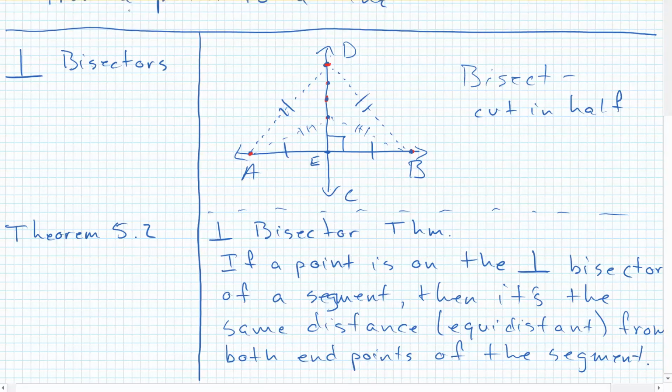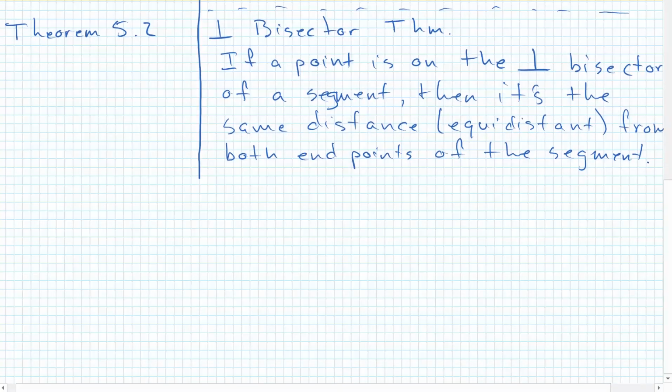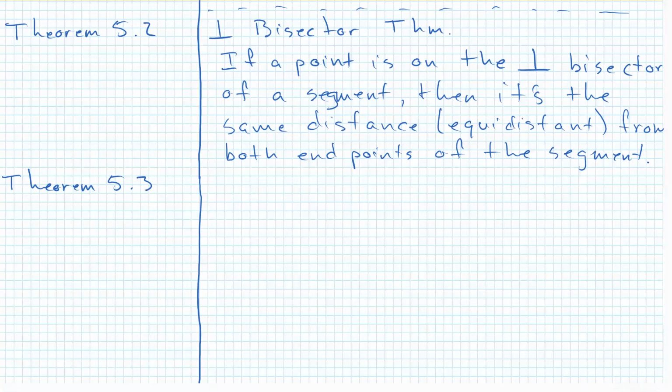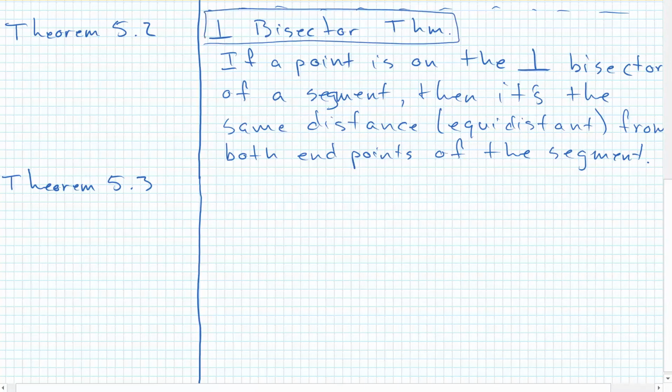And so next up, we're going to hit theorem 5.3. Now a lot of these theorems in chapter 5 are going to come as pairs, because most of them are just converses. So converse, remember, is just the same thing as the opposite. And so I'm going to go ahead and box this to set it apart. This is going to be the converse, and not like the shoe, converse of the perpendicular bisector theorem.